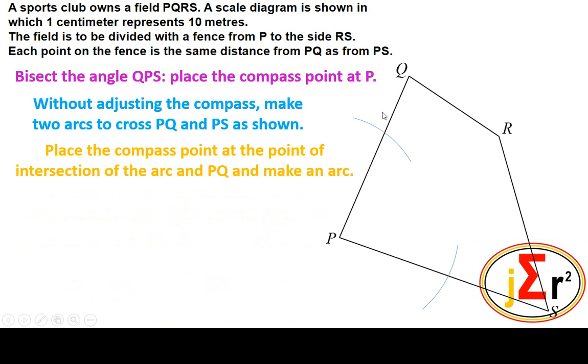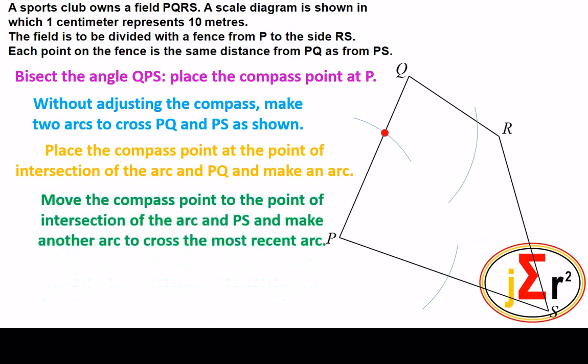The compass point, the red dot, is there, and the pencil is used to make an arc, like that. And of course, we need to do the other, which is analogous to this one, or we may call it the counterpart.